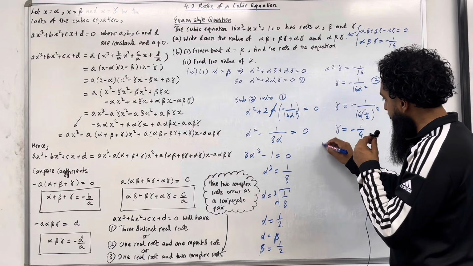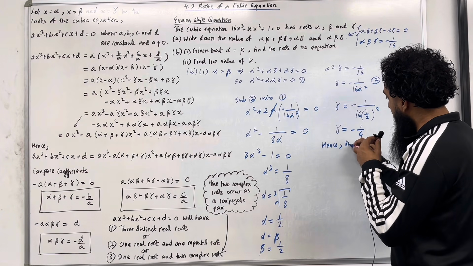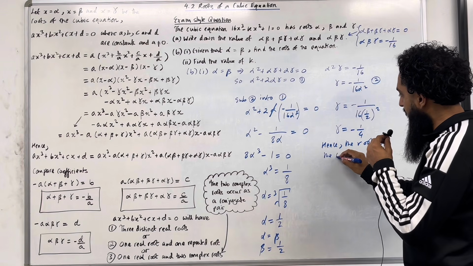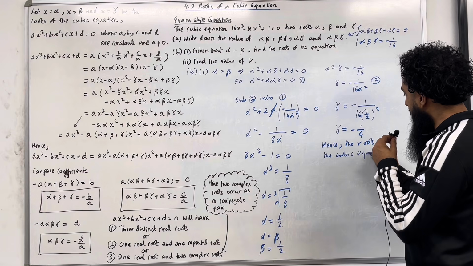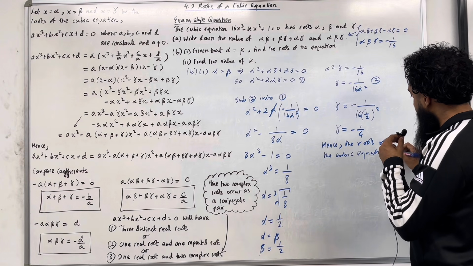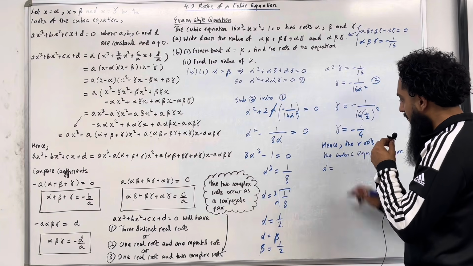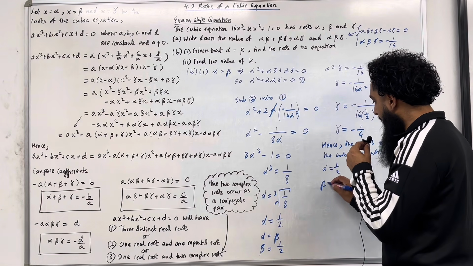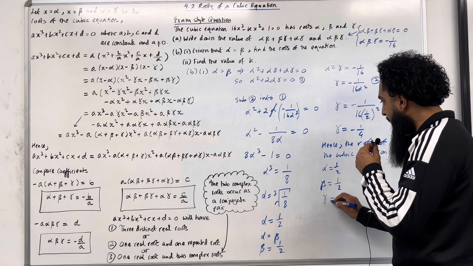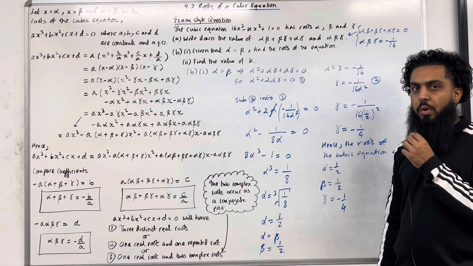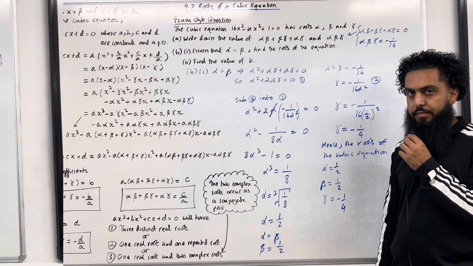Hence, the roots of the cubic equation are alpha equal a half, beta equal a half, and gamma equal minus 1 over 4. This completes part B, part 1 of the exam style question.